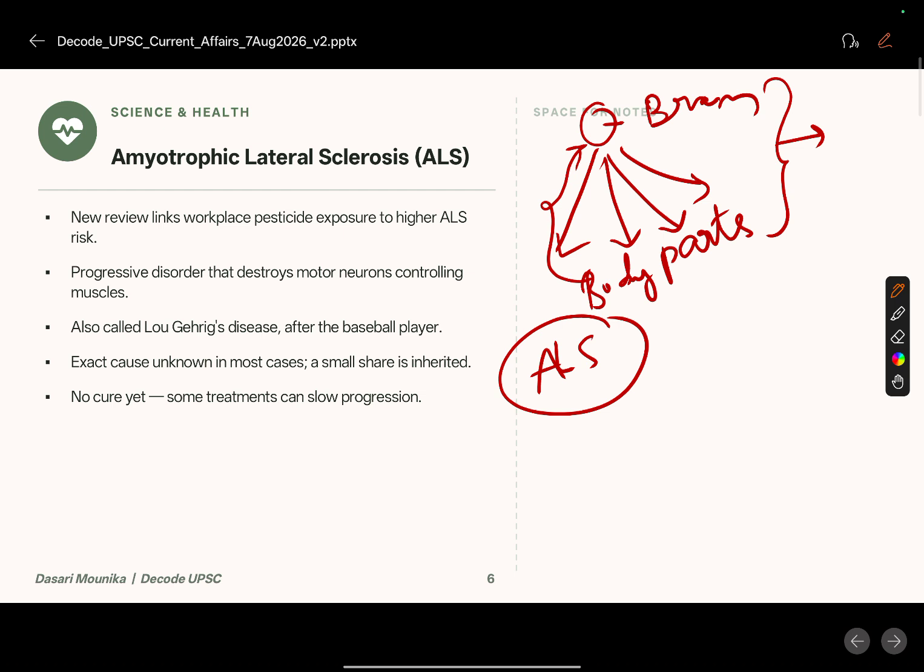So what is happening here is that ALS destroys the connection between the brain and the body parts. So this is called a progressive disorder. It doesn't happen in a day, it happens gradually.